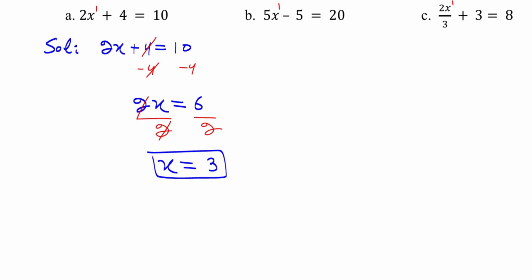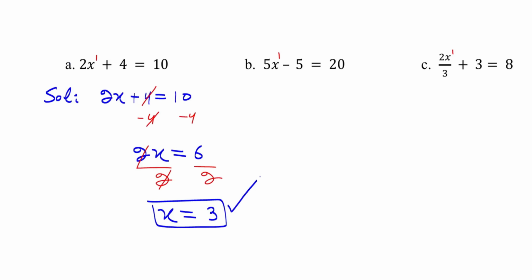Now, if you want to verify that the value of x, 3, is the correct value or not, you will put this value in the equation. Here, in place of x you will put 3, and check whether the left hand side equals the right hand side.